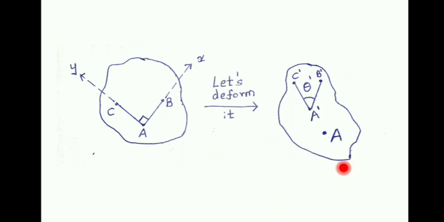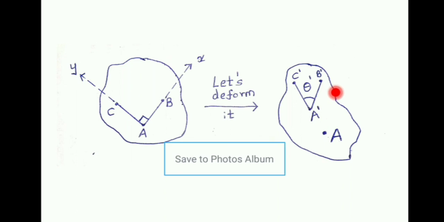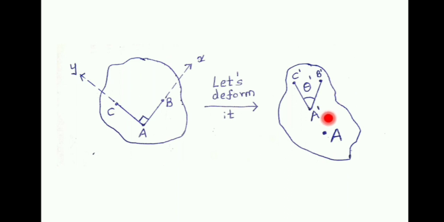Okay, so see, this is the deformed body. Now what has happened? The A has shifted to A dash, and then B dash and C dash are also shifted, and the angle between A dash B dash and A dash C dash is theta dash.